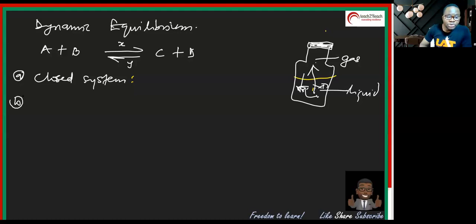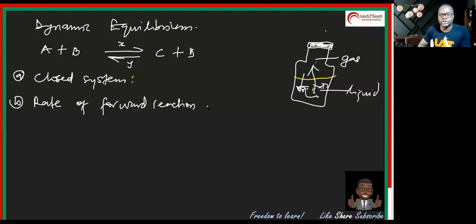When equilibrium is reached, we say that the rate of forward reaction is equal to the rate of backward reaction. So at that point, we say a dynamic equilibrium is achieved.